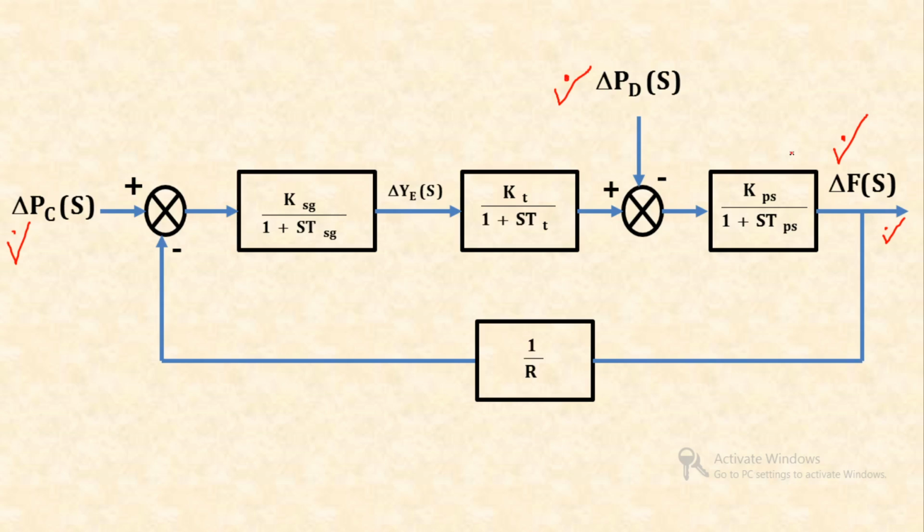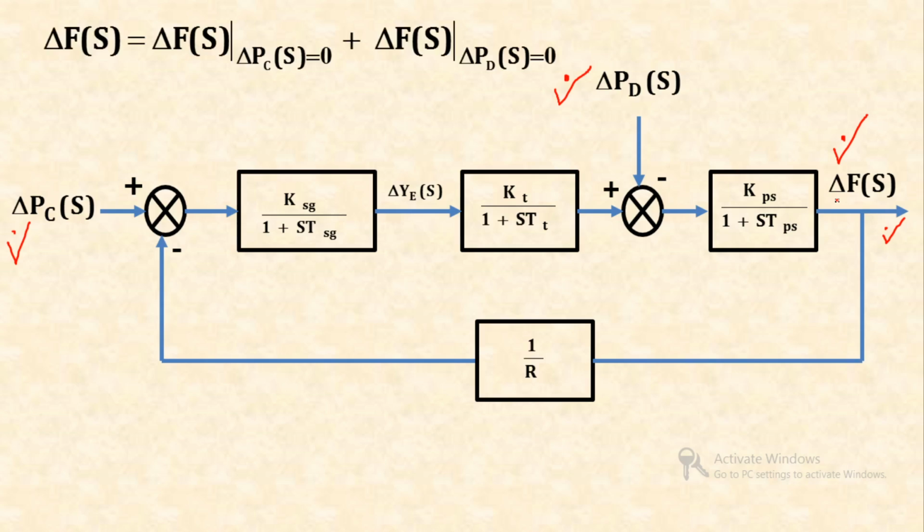So in this case, delta f of s is equal to delta f of s with Pc of s equal to 0, plus delta f of s when Pd of s equal to 0.